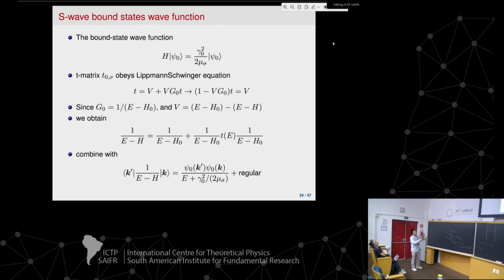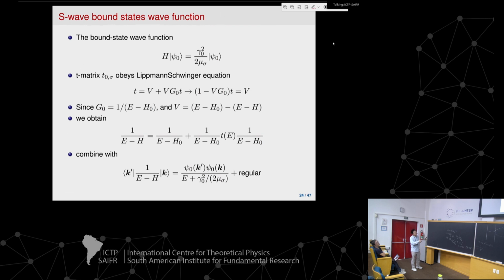So they relate the full Green's function to this T matrix. And we know that for this T matrix, you can insert intermediate states in the middle. And if you're working at an energy that's very close to the bound state, then what really matters in the middle is the bound state wave functions.